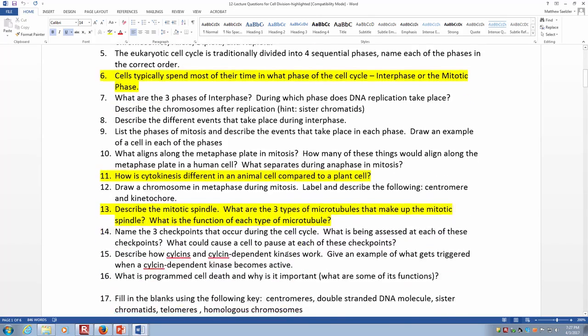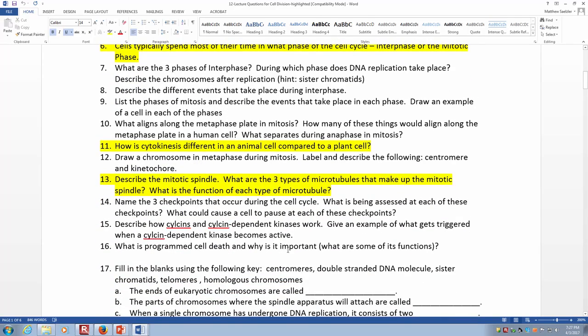Can someone describe how cytokinesis is different in an animal cell compared to a plant cell? Forms the cell plate? Right, so vesicles fusing from the Golgi apparatus form the cell plate.